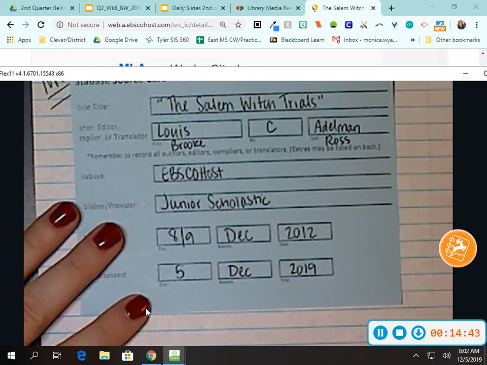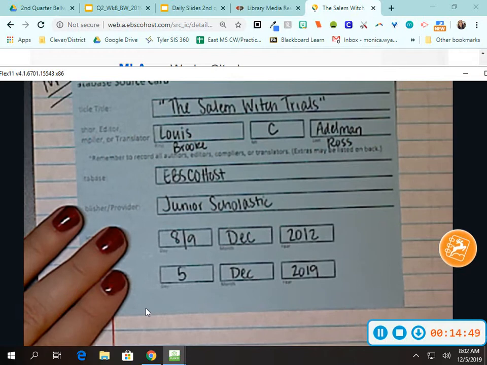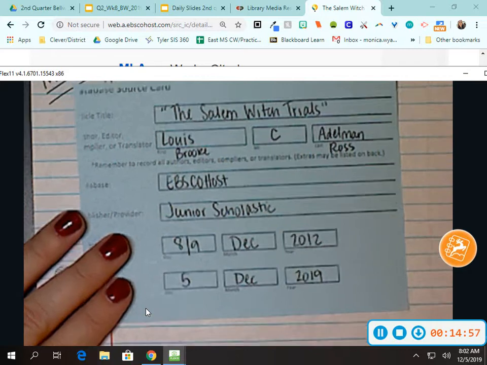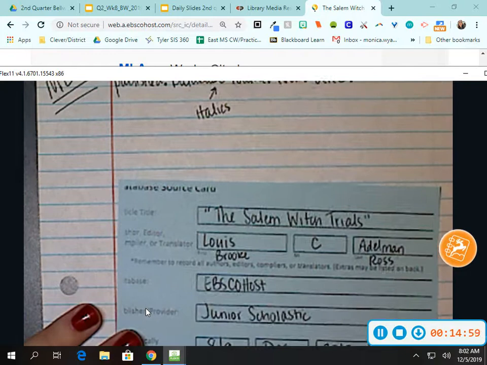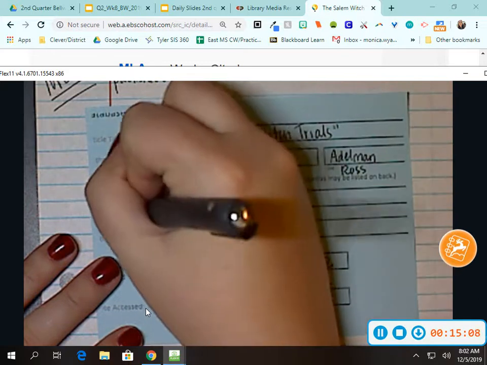Now, for databases, you may not always have all of the information. But when I'm grading your research project, I'm going to be looking for certain things on your database source card because certain things will always be in a database citation. So one thing that I'm always going to be looking for is the article title. We'll always have an article title. It will always have a database name.